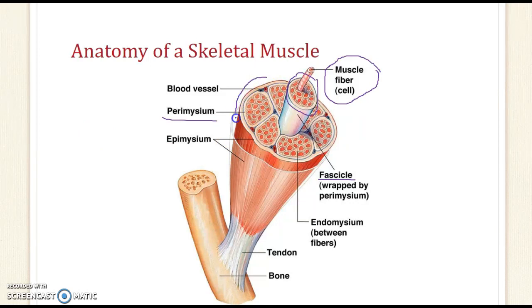A bunch of fascicles put together is going to be your entire muscle, and that's going to be surrounded by what we call the epimysium. And then you can see that epimysium eventually turns into a tendon, which is going to attach muscle to bone. So remember, we're going from the smallest, which is the skeletal muscle fiber, all the way up to the actual big muscle, which is our largest.